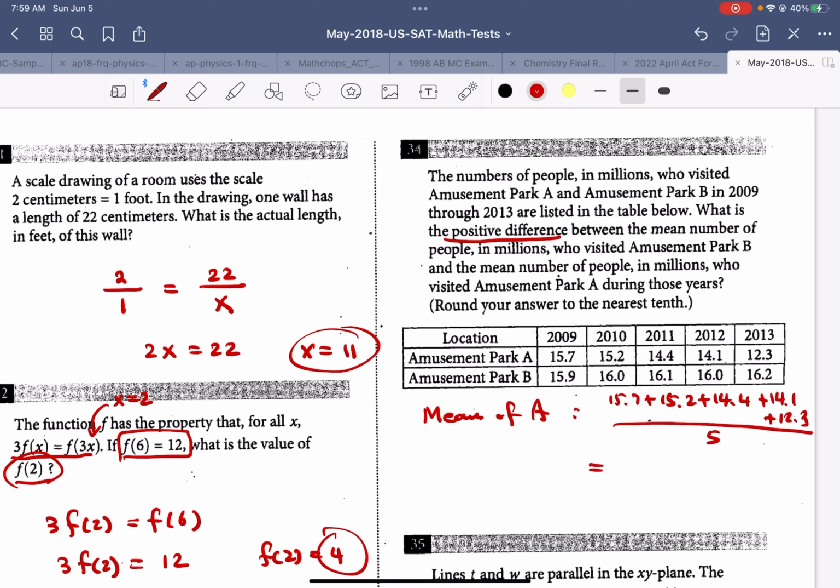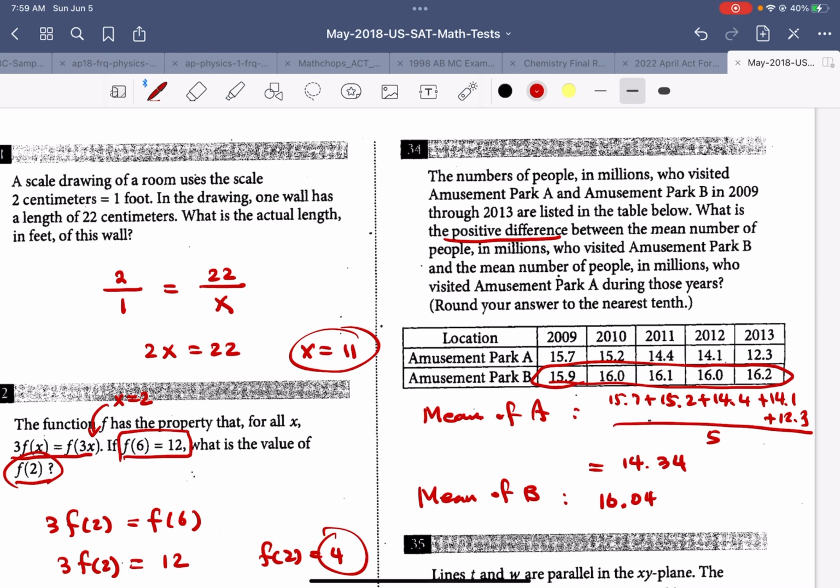When you plug in the calculator, you will get 14.34. Now, similarly, the mean of Park B. I'm not going to write down every single one, but you just add all these data values and divide by 5.